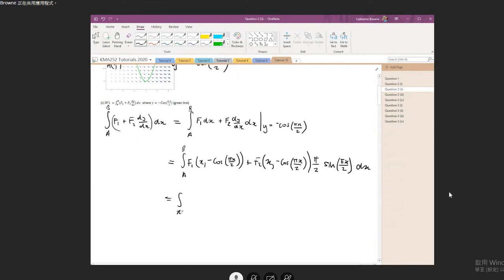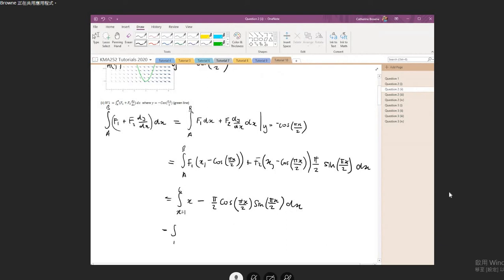So again, we're going from x equals 1 to 6 still, and f1 is still just x, plus I'm going to put a minus there because f2 is y, so it's minus pi on 2 cos(pi x on 2) sine(pi x on 2) dx.